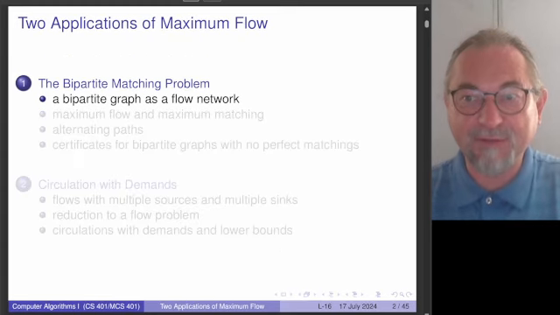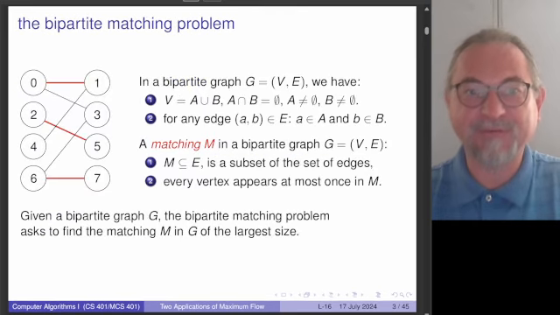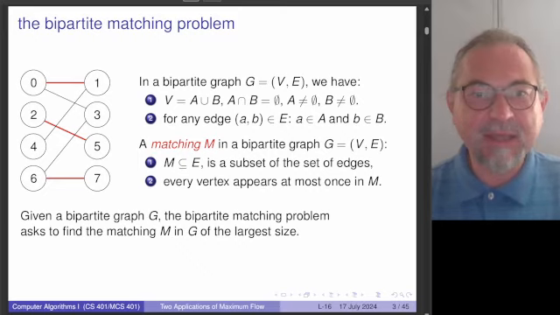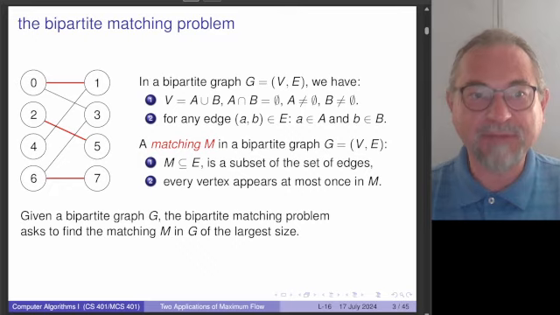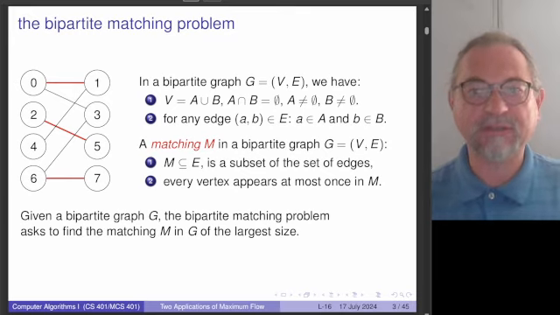Okay, so bipartite matching. It goes back to the beginning of the course when we considered the stable matching. Here's a very simple example. We are given a bipartite graph where we can partition the set of all vertices into two disjoint sets.